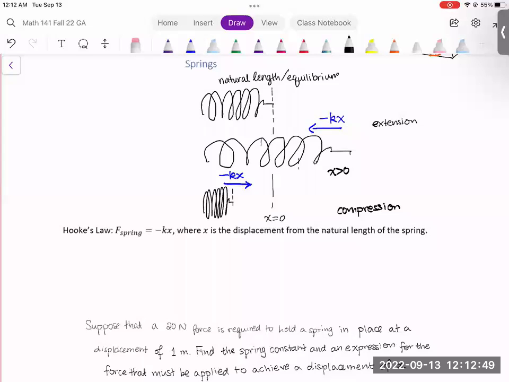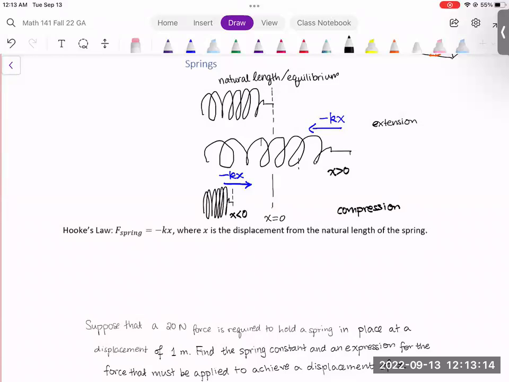If instead we did a compression, we squish down our spring. In this case, the furthest point along our spring is at x less than 0. And so this is to the left of the equilibrium position shown here.